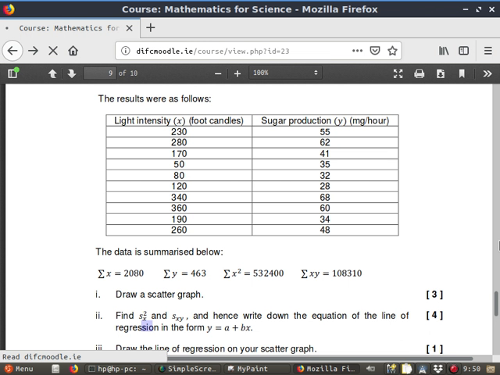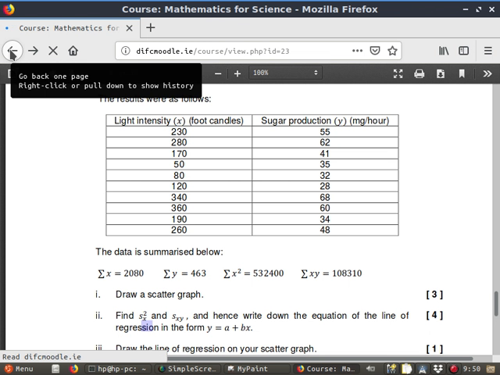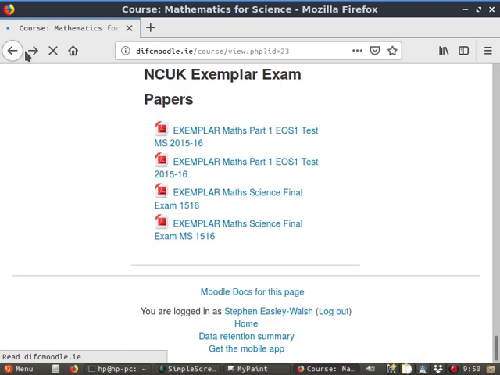I have the formula book on Moodle, don't I? Well, mine's going quite slow. Could you all open the formula book? I think the Wi-Fi's open, but some people might be on their phone.